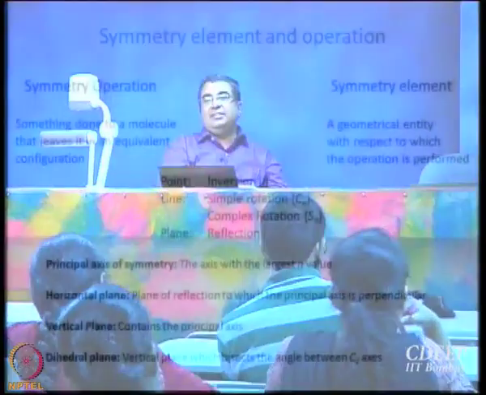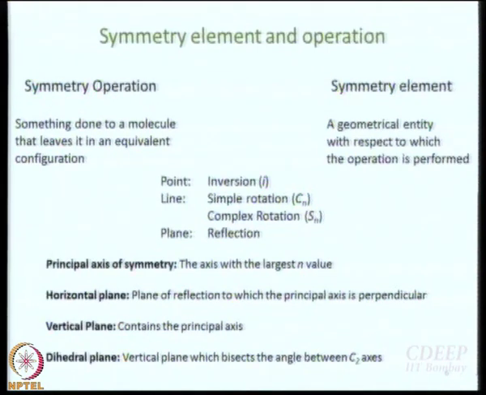But in case of benzene, we don't call them vertical planes. There is a special name for those vertical planes. They are called dihedral planes. Dihedral planes are vertical planes which bisect the angle between C2 axes. Remember those C2 axes? Will you agree with me that the planes we are talking about bisect the angle between two C2 axes? Right?